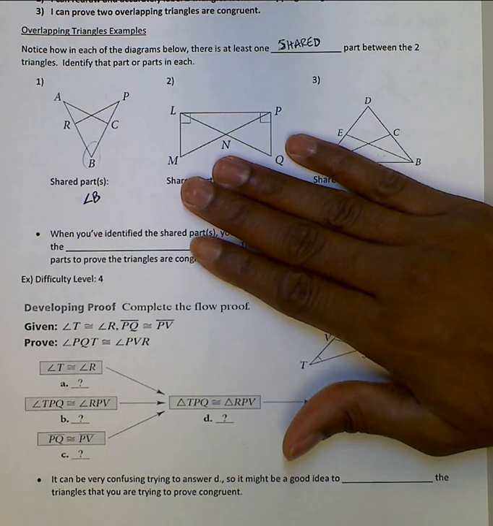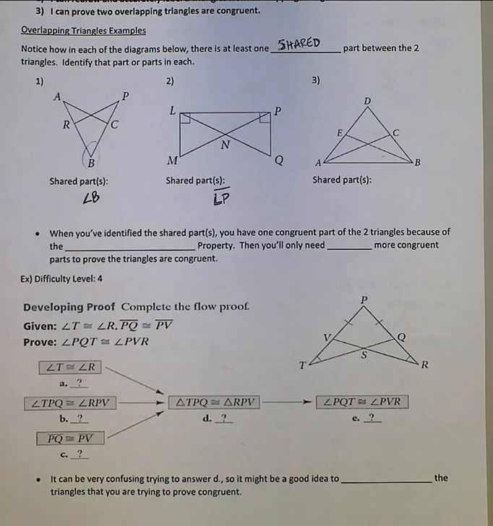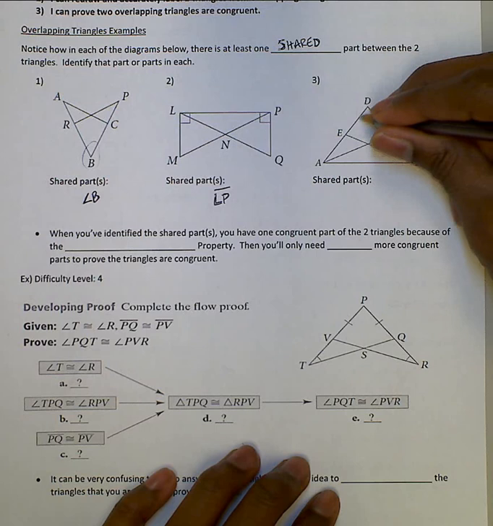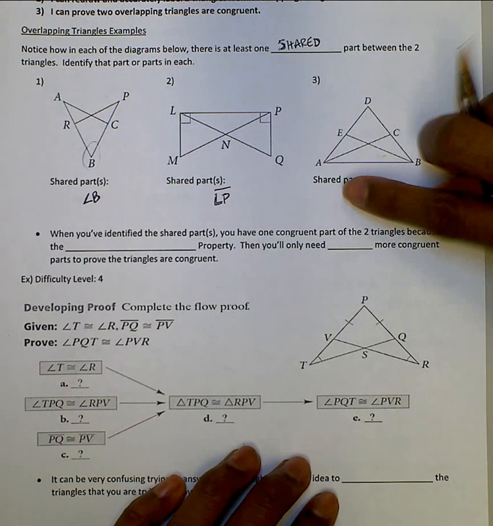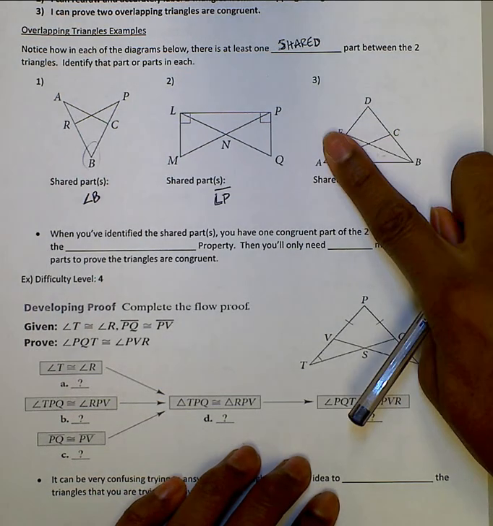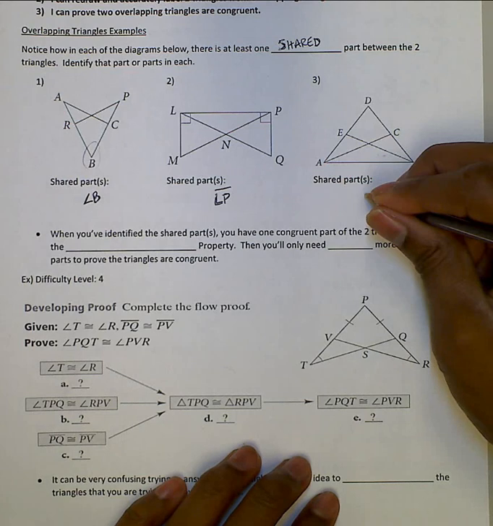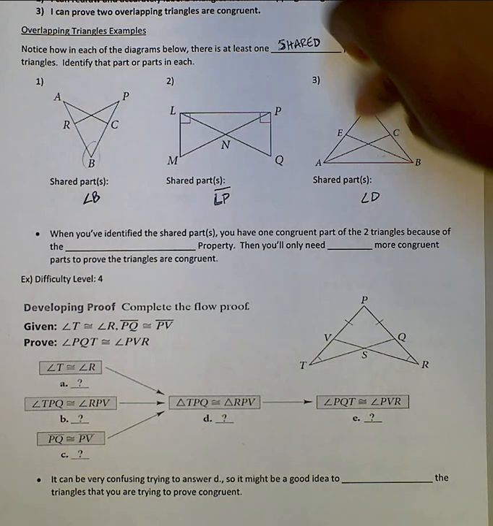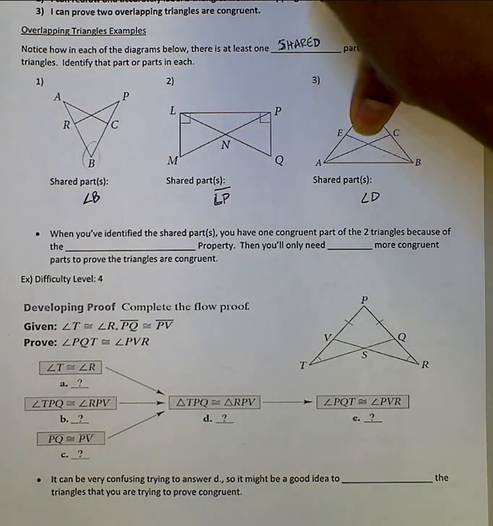So depending on what we're looking at, we can see some different shared parts. Angle D is shared between these two triangles, and between EAB and CAB, AB is shared.